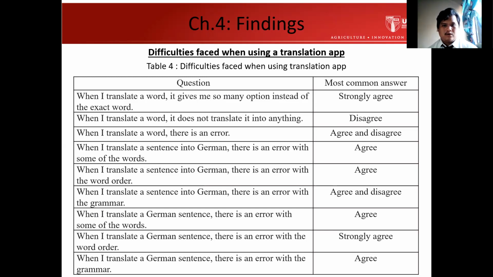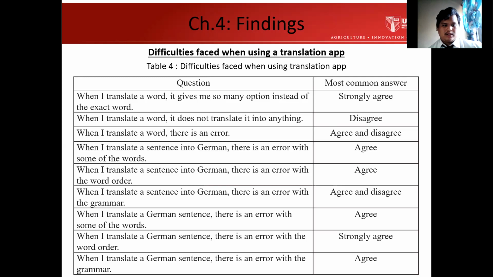And for the rest of the questions, we can see that the students agree or strongly agree, such as question number one: when I translate a word, it gives me so many options instead of the exact word. They strongly agree to it. The translation apps never give you the exact one word that you need.